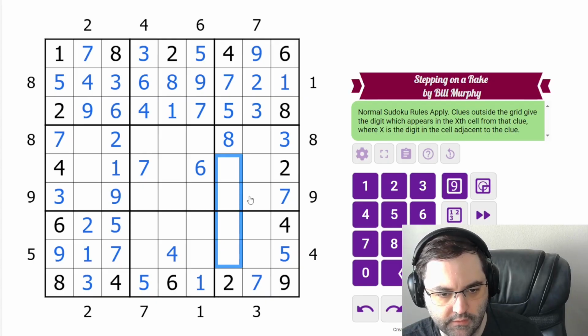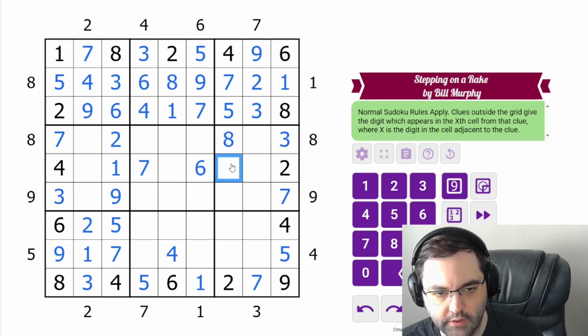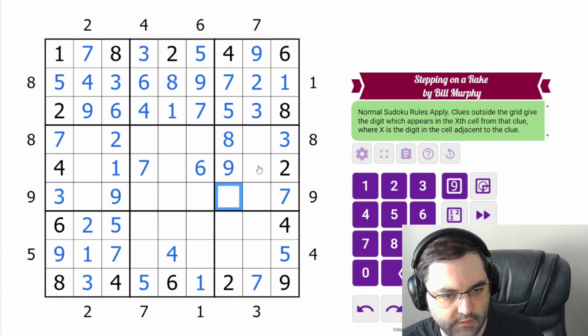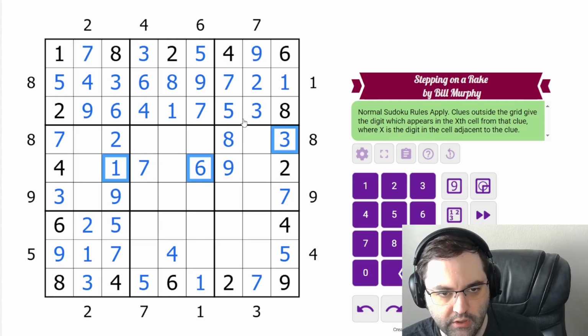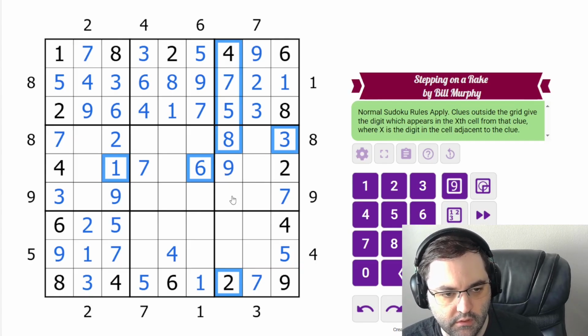They're 1, 3, 6, 9. This cell sees a 1, a 6, and a 3, like that. There's probably something simpler there. I don't remember having to find a weird naked single like that. But that has to be a 9 because it sees all of the other digits.